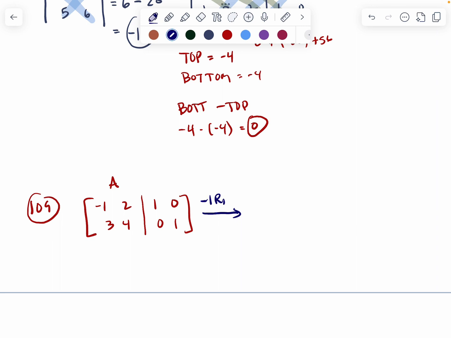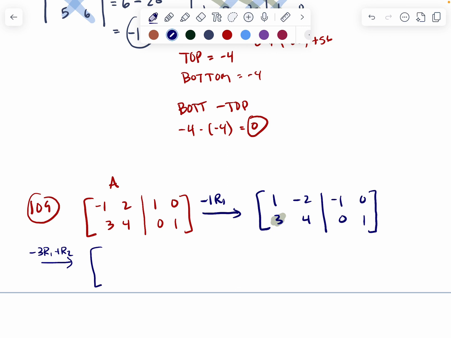For the first thing, to turn that into a 1, I'm going to do negative 1 times row 1. That's going to give me 1, negative 2, negative 1, 0. And this is going to give me 3, 4, 0, 1. Then I need to make this one right here a 0. So I'm going to multiply the first row by negative 3 and add it to row 2.